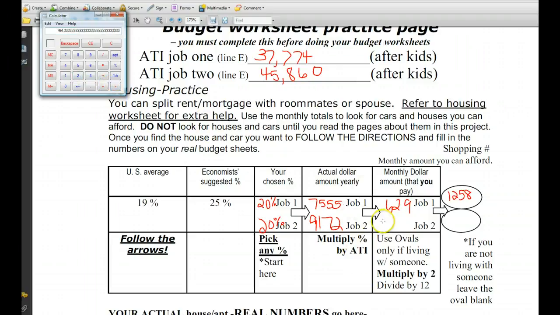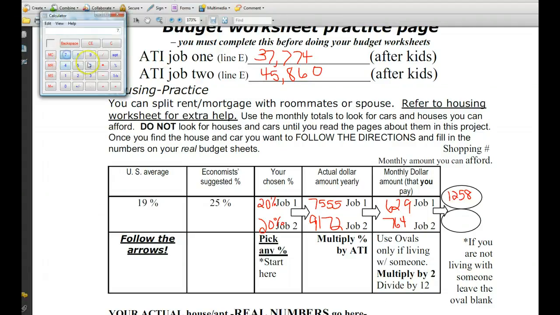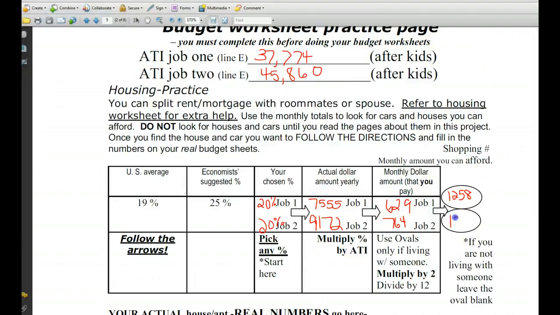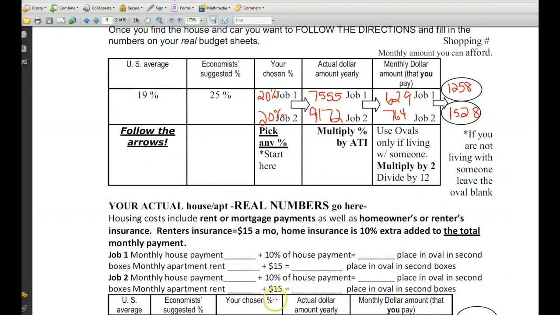So that's about 764. Then I can also multiply 764 times 2 because I'm married. So that gives me about 1,528. I could afford about a $300,000 to $350,000 home.